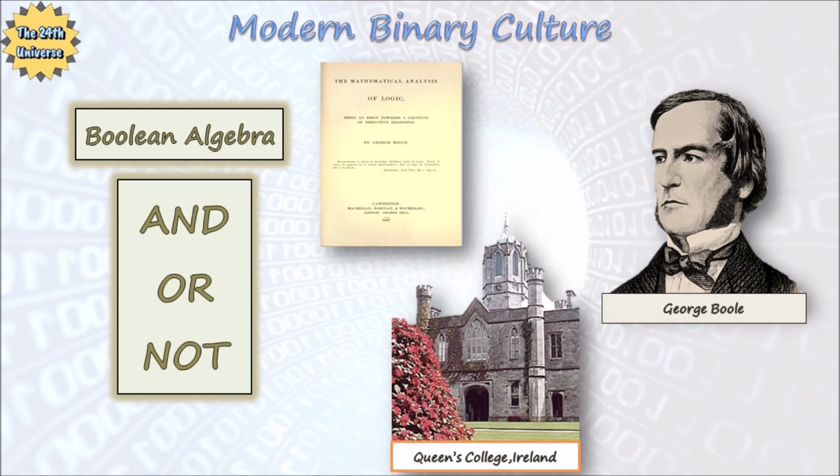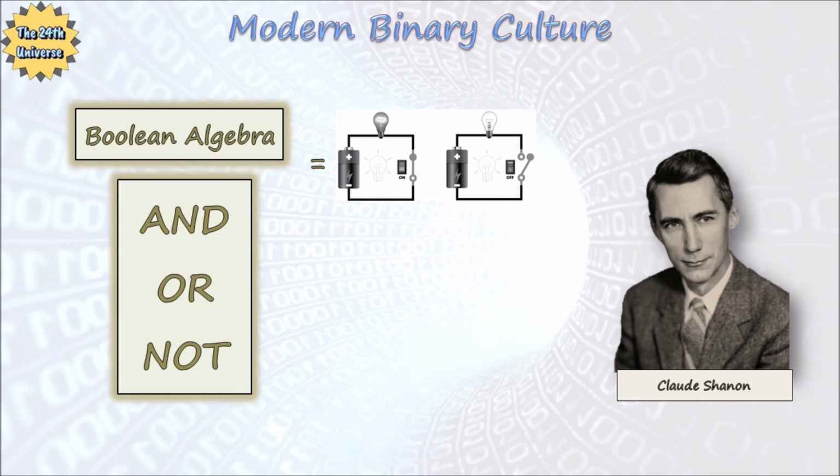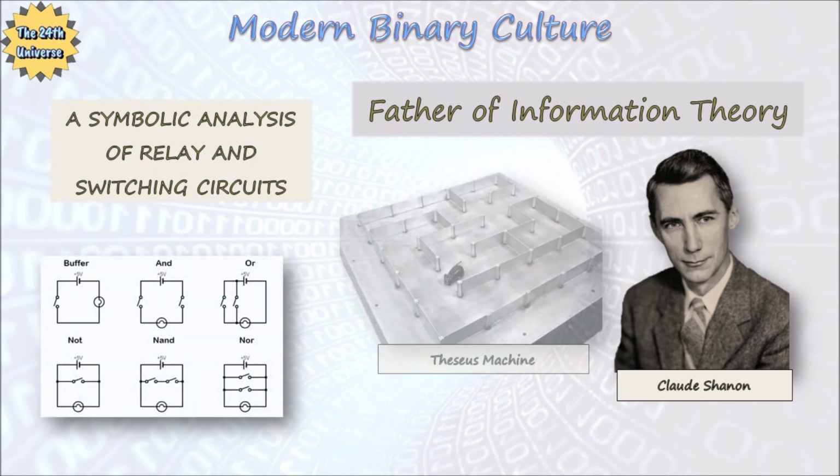This system was not put into use until a graduate student from Massachusetts Institute of Technology, Claude Shannon, noticed that the Boolean algebra he learned was similar to an electric circuit. Claude Shannon was an American mathematician, electrical engineer, computer scientist, and cryptographer, also known as the father of information theory.